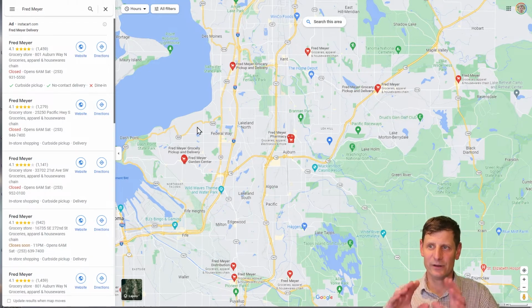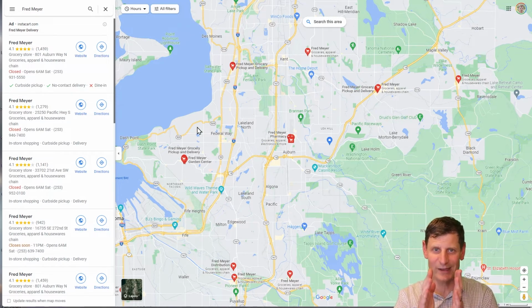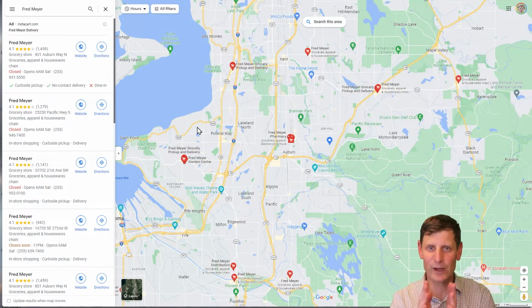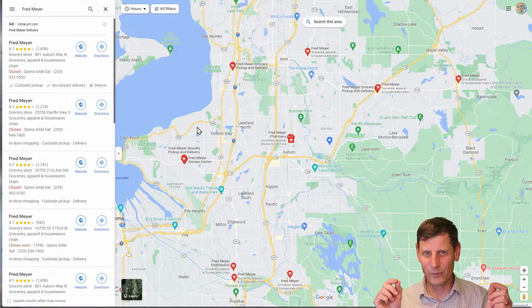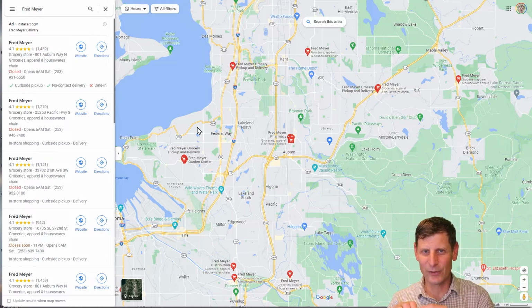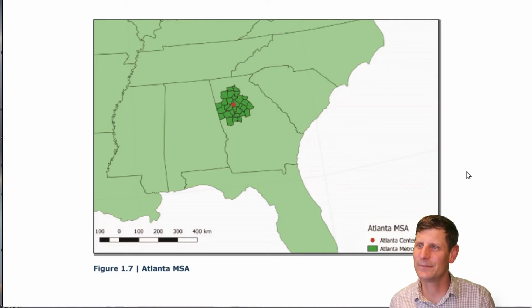So there's a zone in between that's not exactly clear which Fred Meyer someone belongs to, but that's the nature of a functional region. These boundaries are fuzzy and a little bit less clearly defined because the center point has the most influence, and as you move away from it, it's less influential. So there's a few different examples of a functional region.